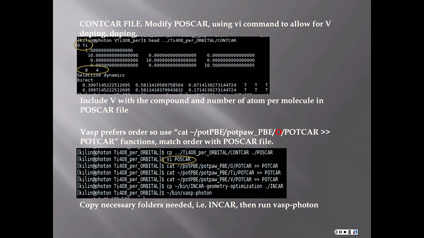Like here you have oxygen first, and then you come here and provide it with this command that I've provided here, and then you just keep doing that, and then you copy the necessary files, like INCAR, before you go ahead to run your VASP.